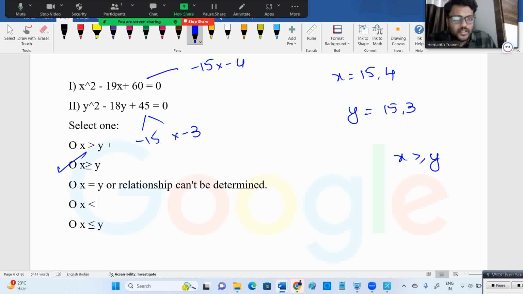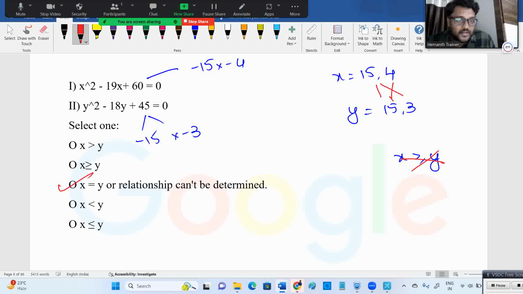Okay, wait, sorry. No. 4 is not greater than 15 and 13. It's wrong. It cannot be determined. I cannot fix it. With 15 it is equal and greater than 3, but 4 is less than 15. So x less than y is there, equal is there, and greater is there.